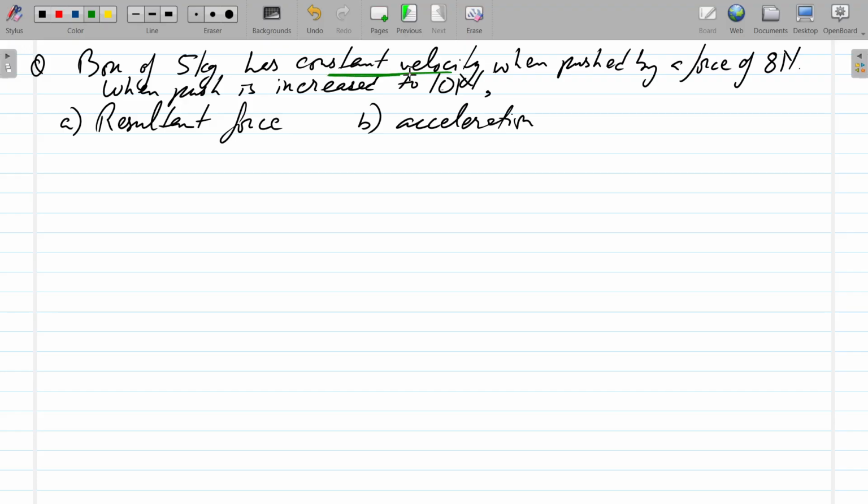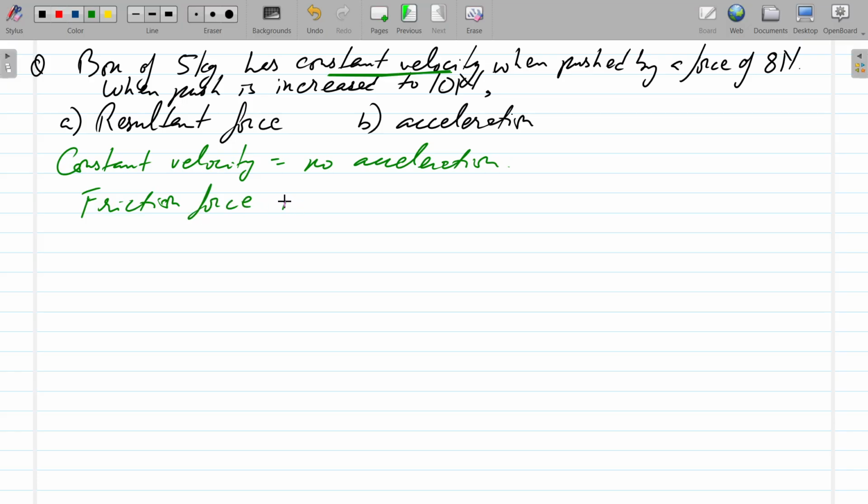Saying that it has constant velocity means it's not accelerating, which means that there is a friction force that is equal to the push, which is 8 newtons.